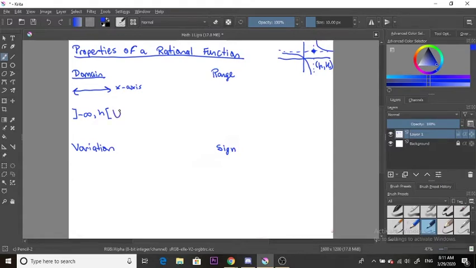Now we want to put a little u here, that's our union, that basically joins the left side and the right side, and it also tells us that there's a change in the function here, there's a bit of a gap. Then we look at the right side. So again, it starts at h, but our bracket must face away from our h because it does not include h, and then it goes all the way to positive infinity. So the domain for any rational function will be this.